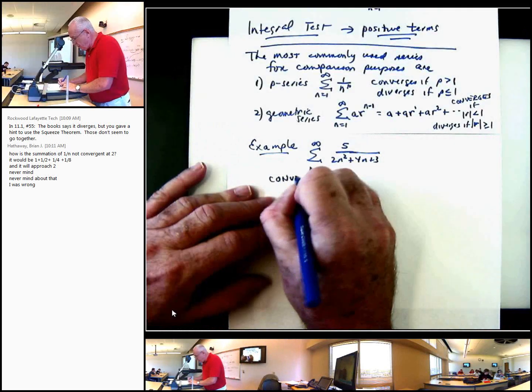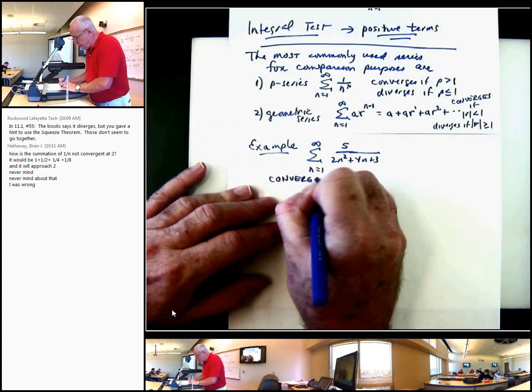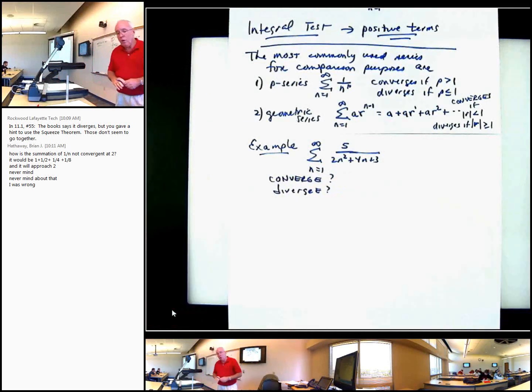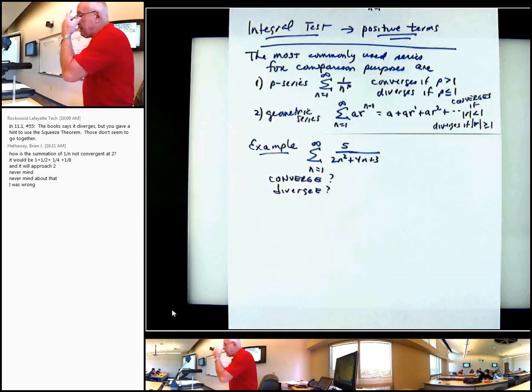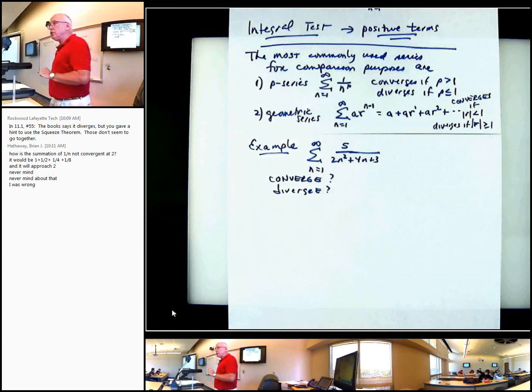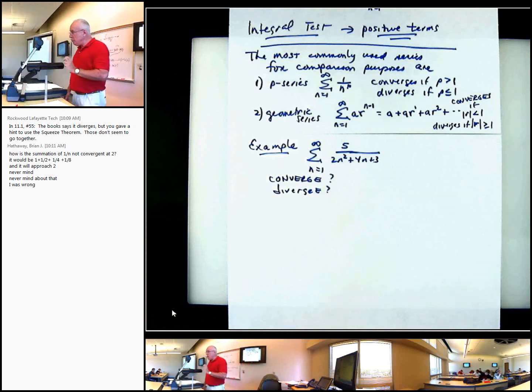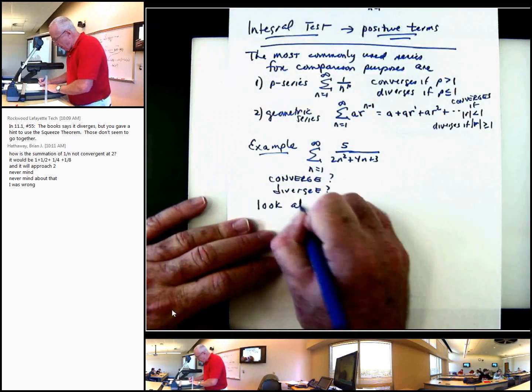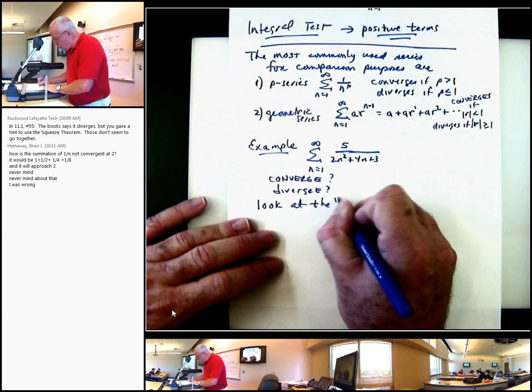Converge or diverge? All right. What we do here is, for comparison purposes, we look at what are called the dominant terms in the numerator and in the denominator. Quote unquote dominant terms.